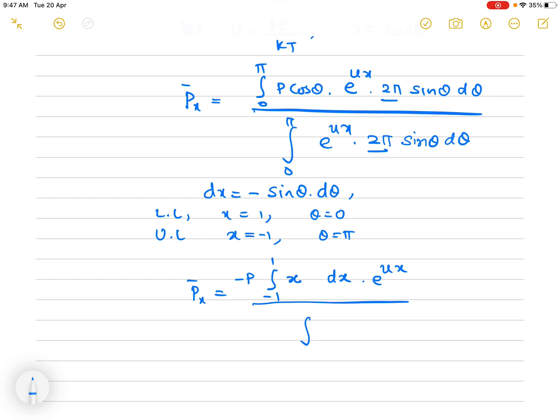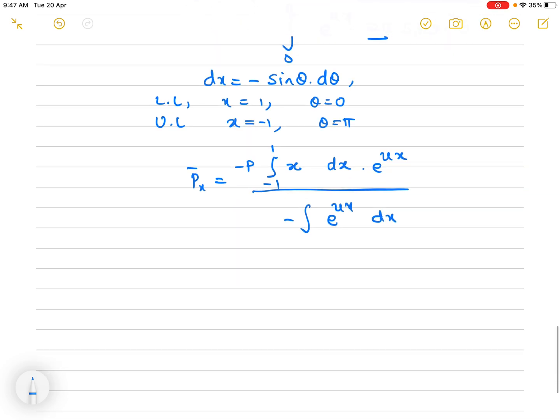So px is equal to p times integral minus 1 to 1 x e power ux dx divided by integral minus 1 to 1 e power ux dx.